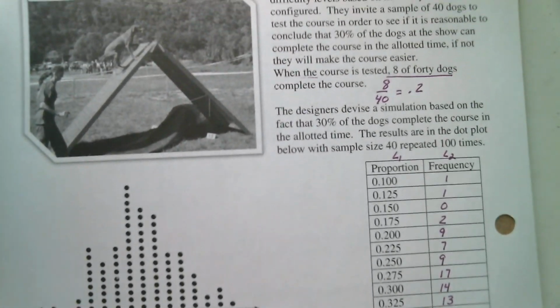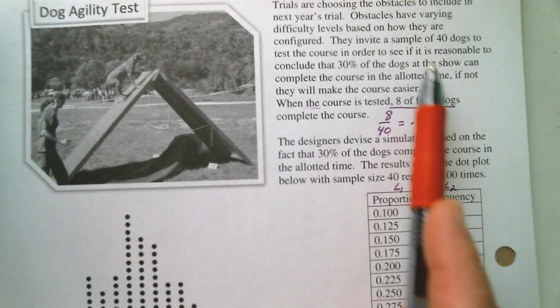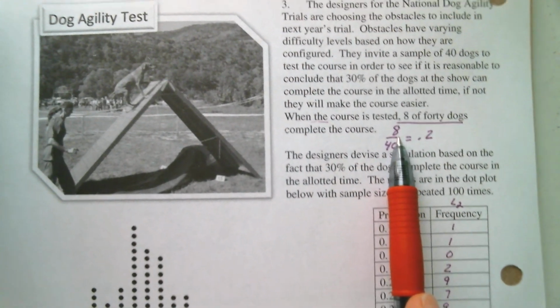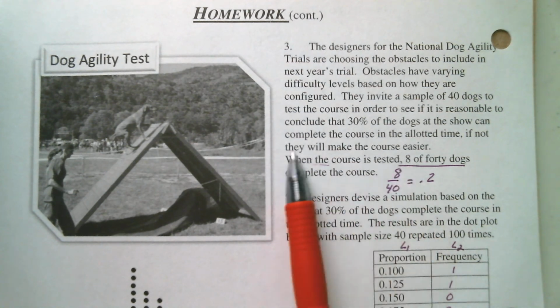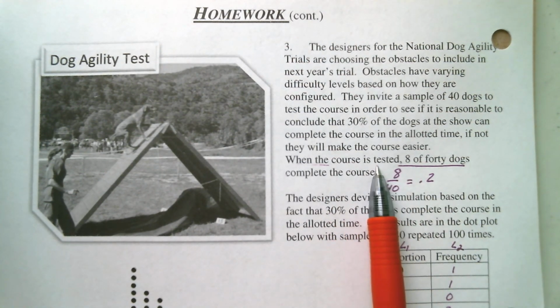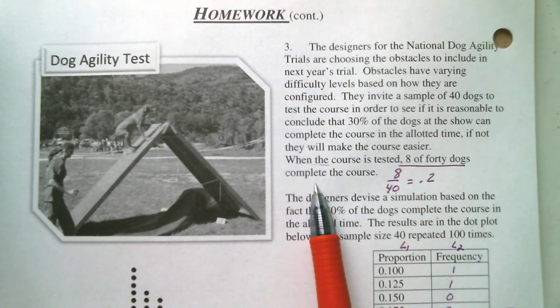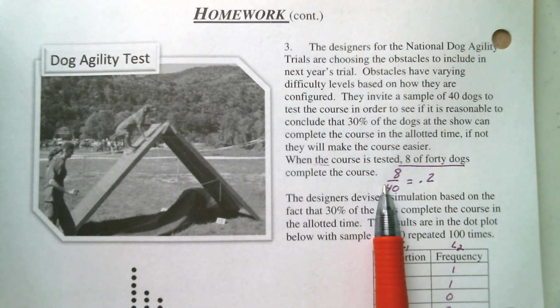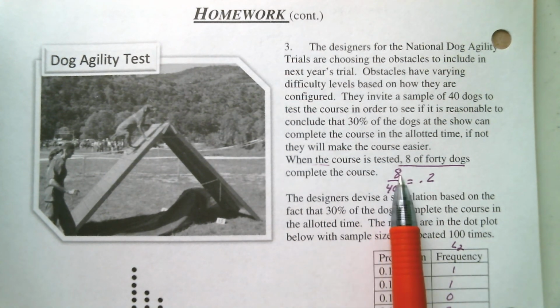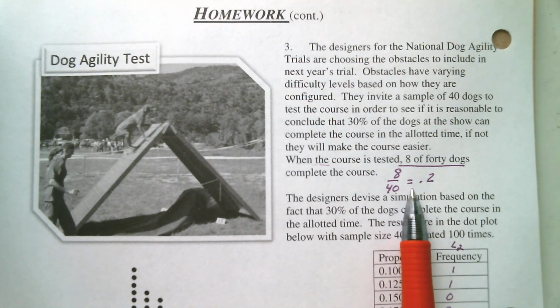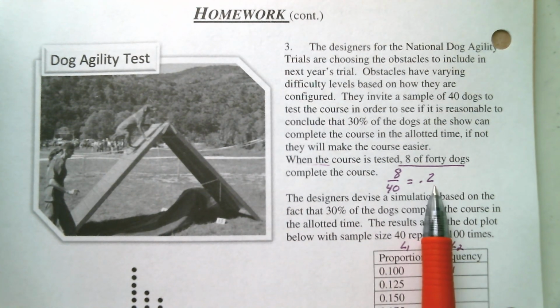And number 3, it's very important that in the last sentence of the first paragraph, you see that when the course is tested, 8 of 40 dogs complete the course. So that's our proportion for the sample that was tested. 8 divided by 40 is 0.2.